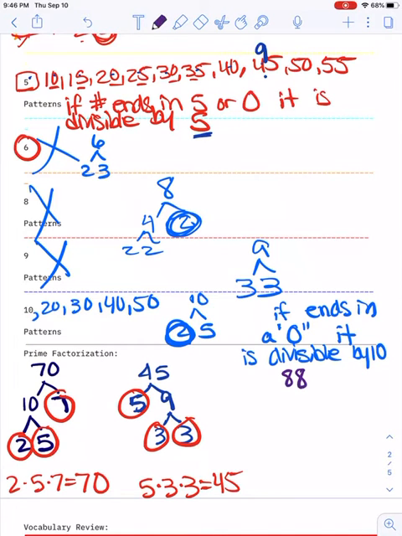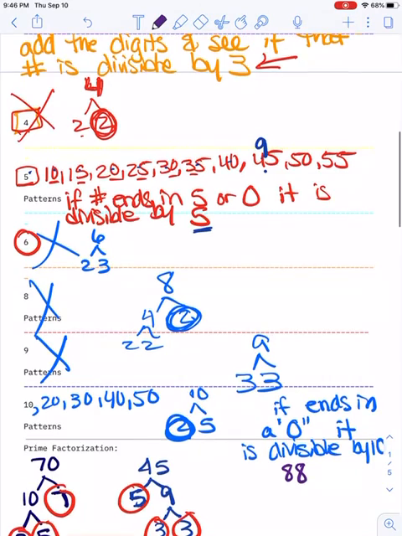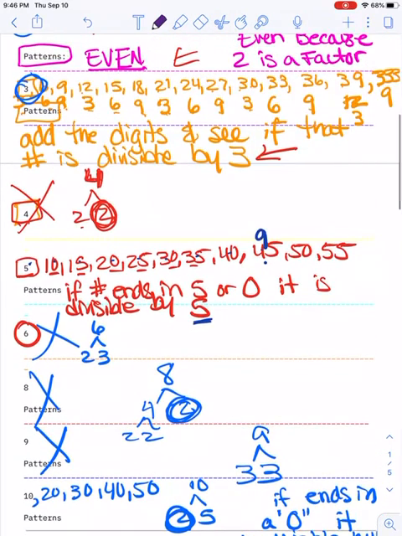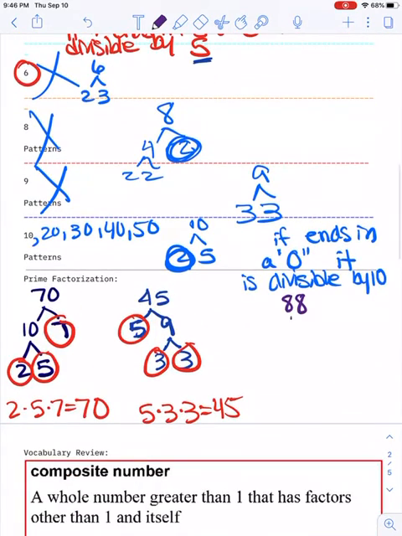88. 88 is an even number, so I can use my 2's. I know it's going to be divided by 2. This is a prime example. If I'm not sure how many times 2 goes into 88, there's lots of ways I can figure it out. If nothing else, I can always do a long division like this.